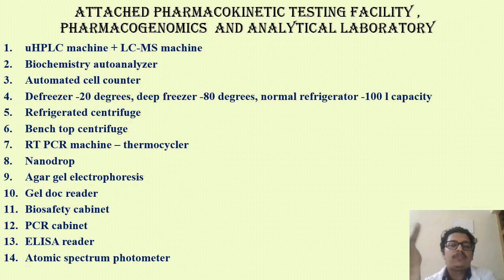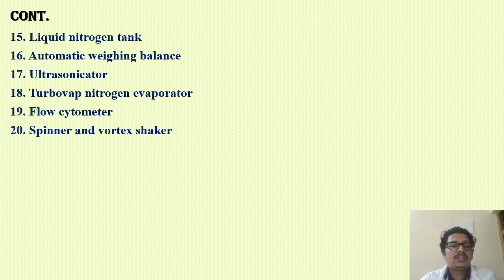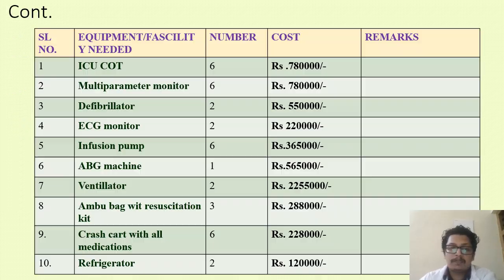Then a refrigerated centrifuge, benchtop centrifuge, RT-PCR machine, thermocycler, NanoDrop, agarose gel reader, gel doc reader, biosafety cabinet, PCR cabinet, LSR reader, atomic spectrophotometer are the essential analytical equipment needed in the CP unit, along with the liquid nitrogen tank, automated weighing machine, ultrasonicator, turbo nitrogen evaporator, flow cytometer, spinner and water shaker. So I just approximately calculated the cost of setting up a CP unit or clinical pharmacology unit if we are newly starting a fresh unit.